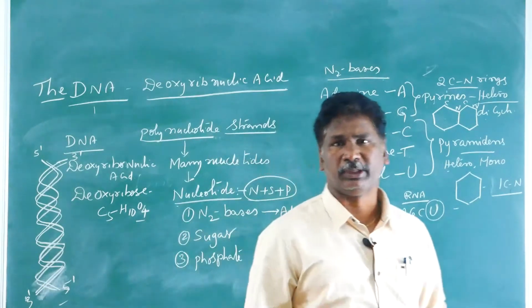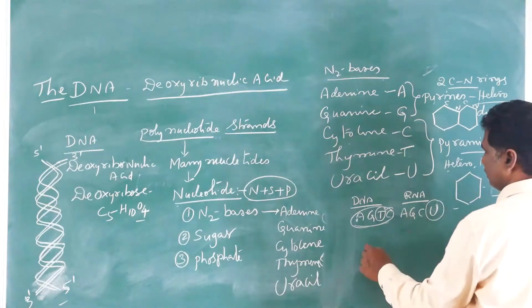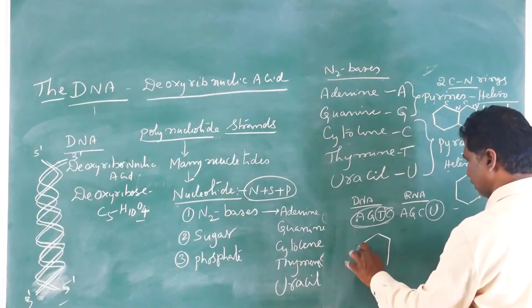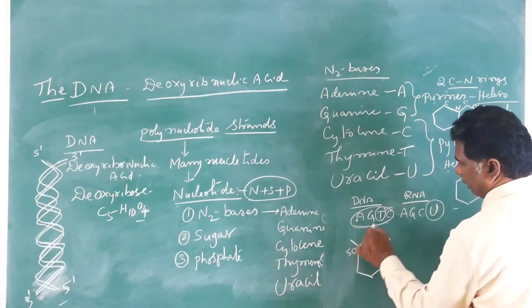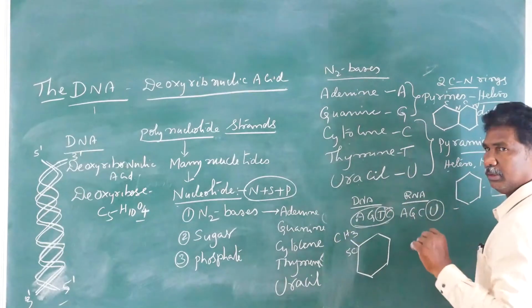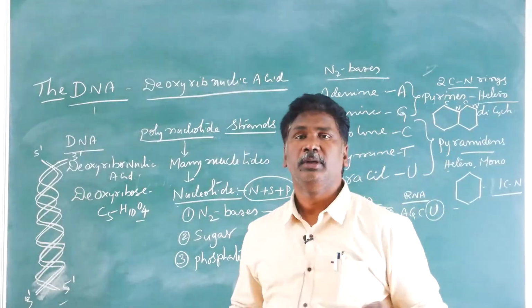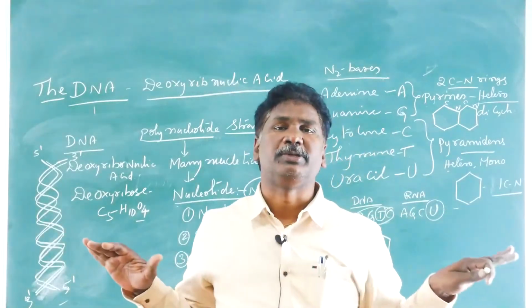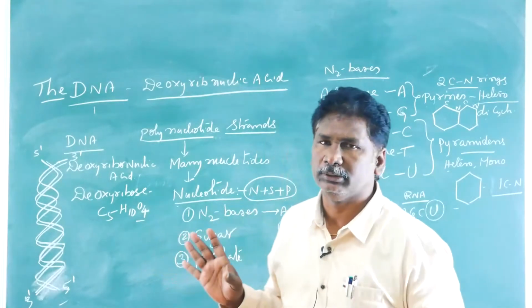What is the difference between thymine and uracil? You can see the structure of thymine. In thymine, on the fifth carbon atom, an additional methyl group is present. That is absent in uracil.